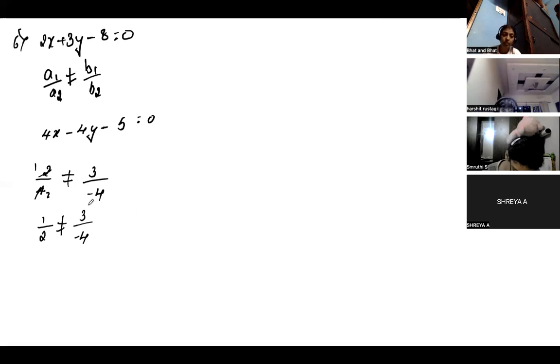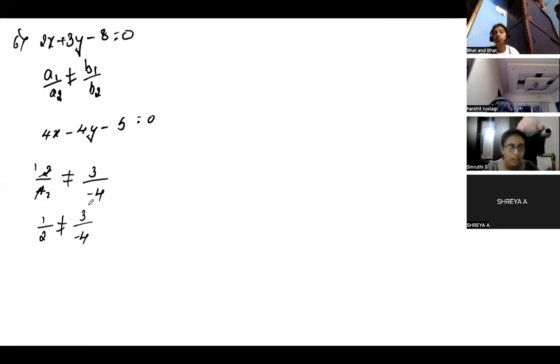There are 3 questions here: intersecting, parallel and coincident. This is for intersecting lines I took. Then if I want the lines to be parallel, then all the ratios have to be equal, and then for the next one, that is coincident, what should happen?